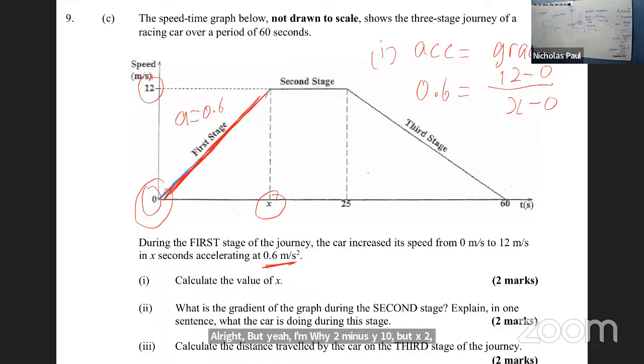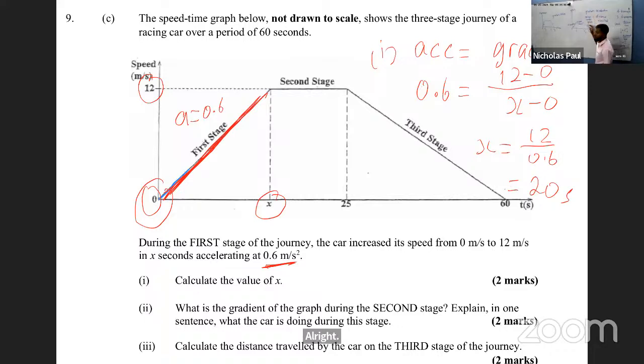Then cross multiply: x is 12 over 0.6. So the answer is 20 seconds. x is 20. So you have to use the information given to solve it.